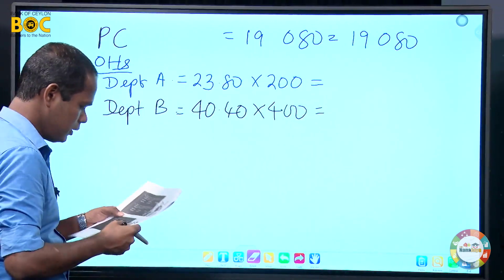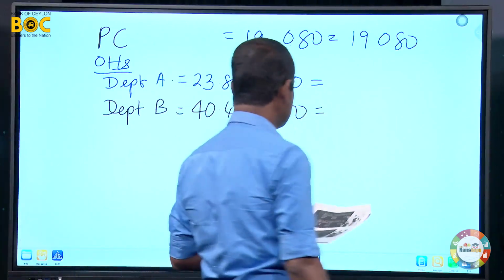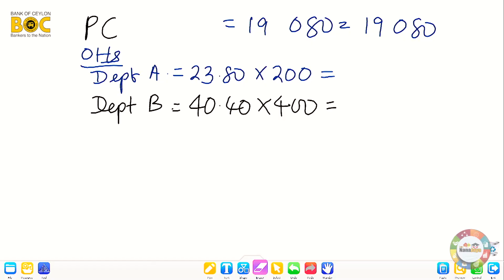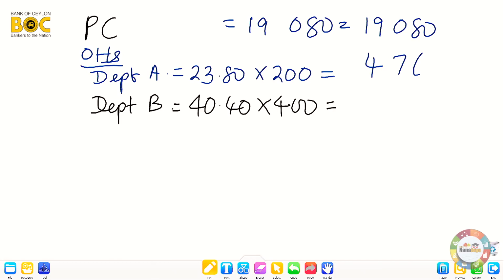You can multiply and get the values: 23 rupees and 80 cents times 200 gives 4,760, and 40 rupees and 40 cents times 400 gives 16,160. You get the total.